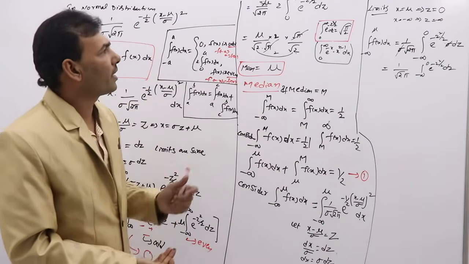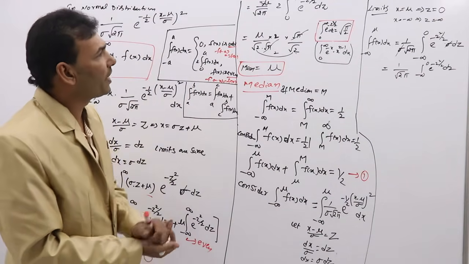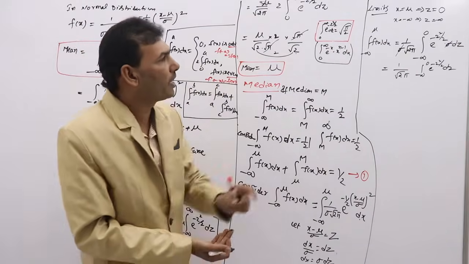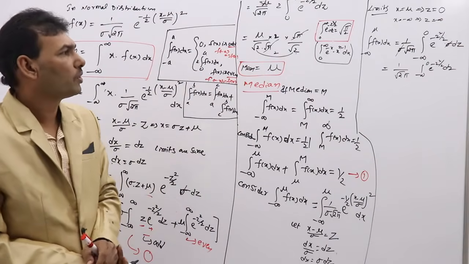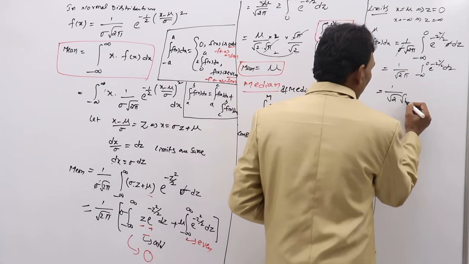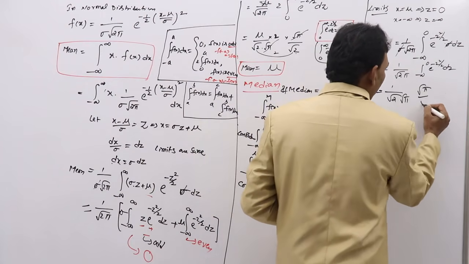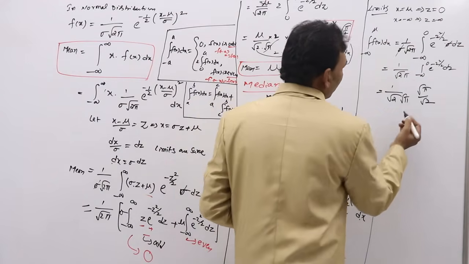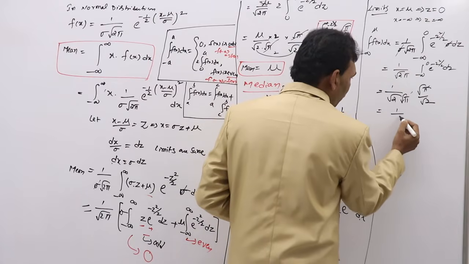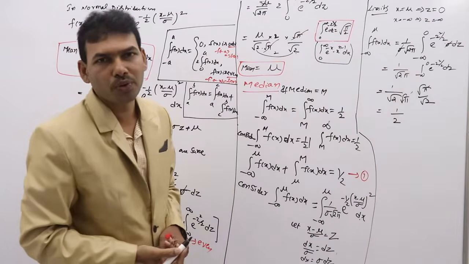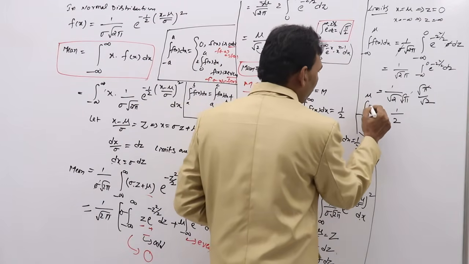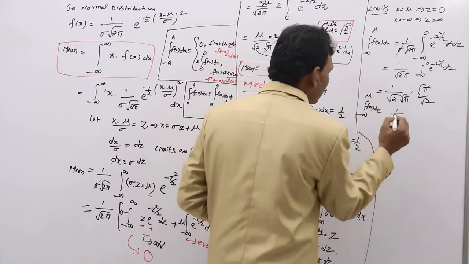So already I have written that the integral from 0 to infinity, or 0 to minus infinity, of e power minus z square by 2 dz is root pi by 2. So if you substitute that value here, what happens? 1 by root 2 pi into root pi by root 2. What will you get? Root pi gets cancelled. Root 2 into root 2 is 2. So its value, the integral from minus infinity to mu of f of x dx, is 1 by 2.